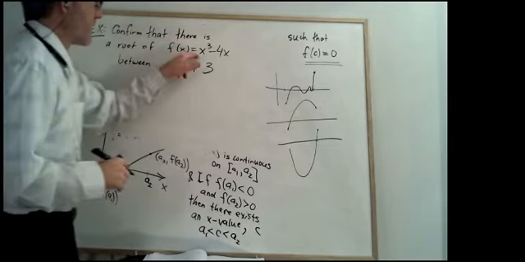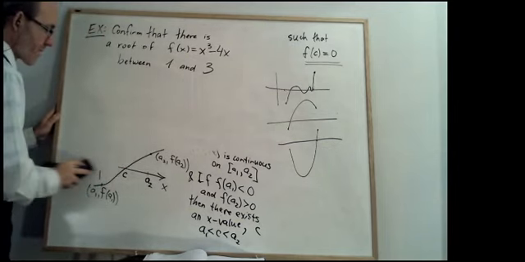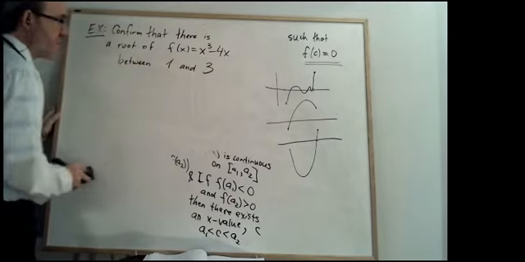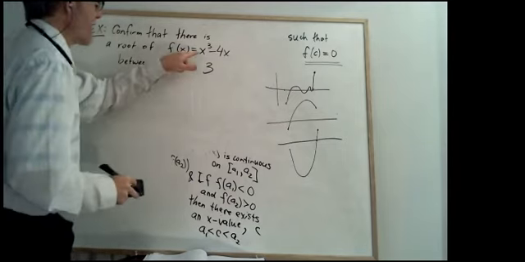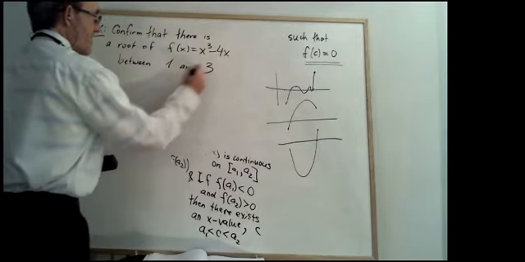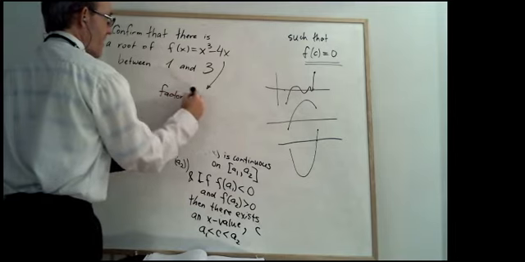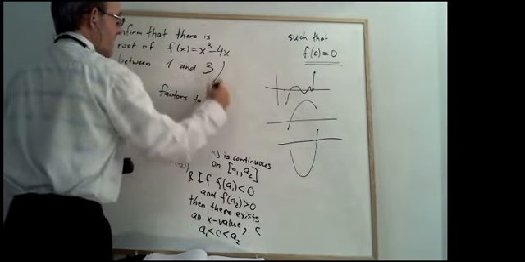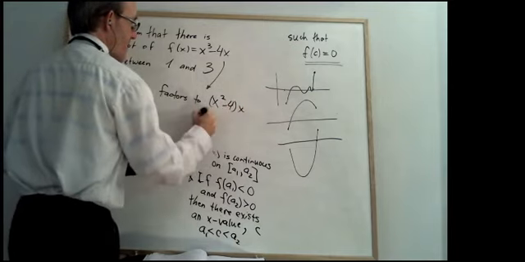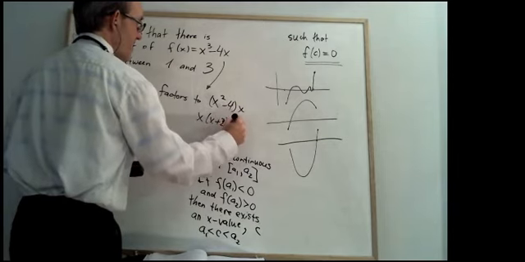Okay, so I wrote down a simple case. Now in this case, we can actually factor that. Factoring it, you get x squared minus 4 times x, and that factors to x plus 2 and x minus 2.